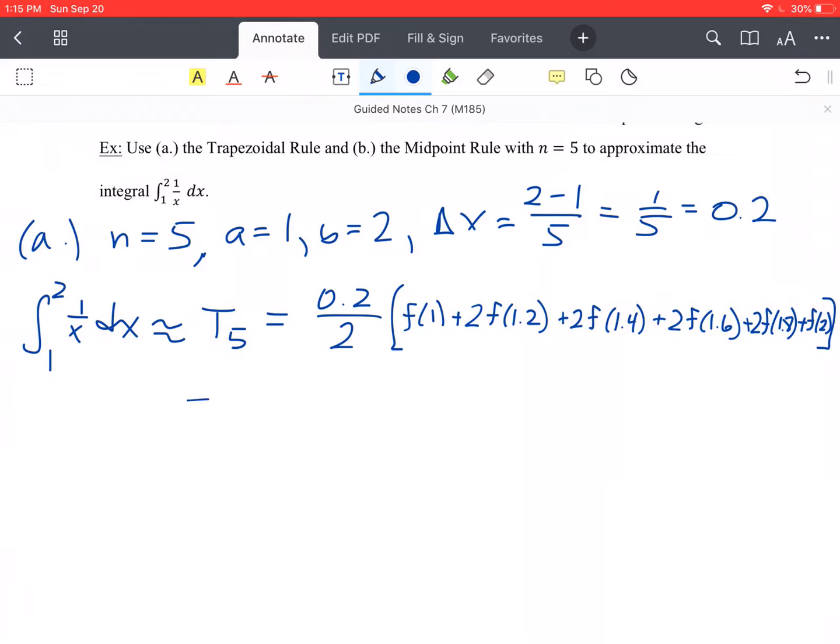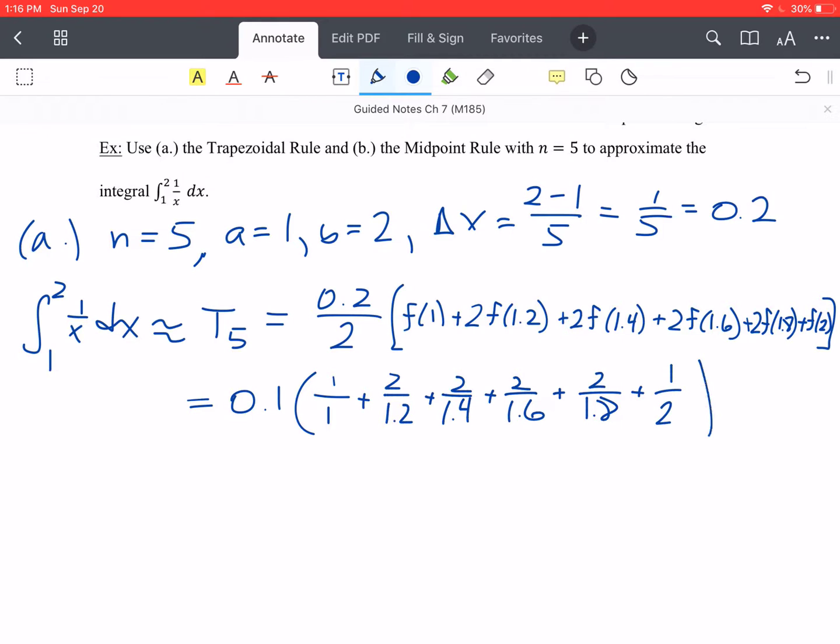So then this gives us 0.2 over 2 is 0.1, and then we're inputting this into the function, the integrand, 1 over x, so that's going to be 1 over 1 plus 2 over 1.2 plus 2 over 1.4 plus 2 over 1.6 plus 2 over 1.8 plus 1 over 2.